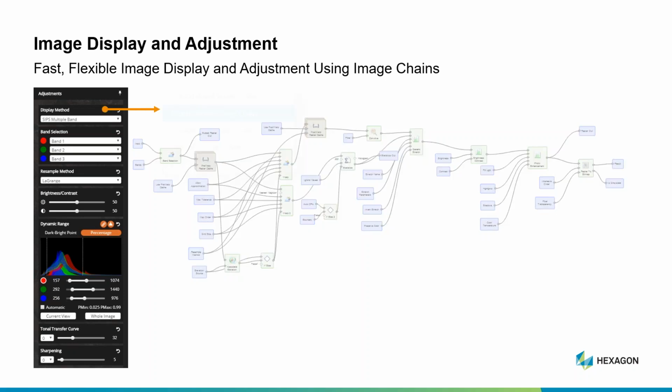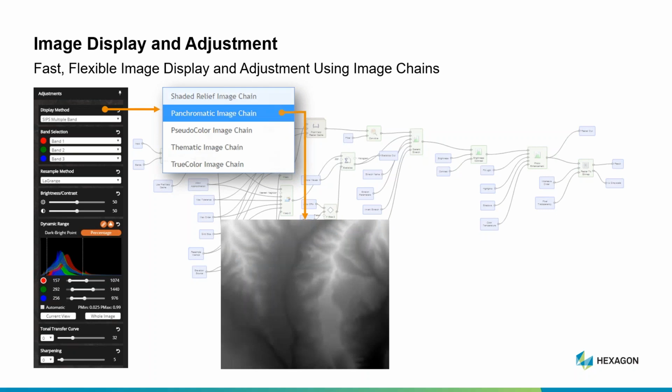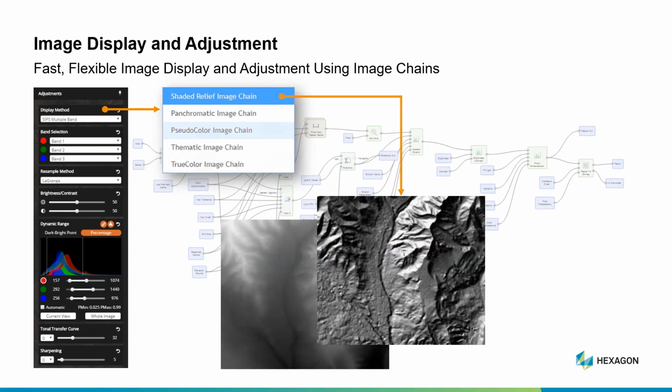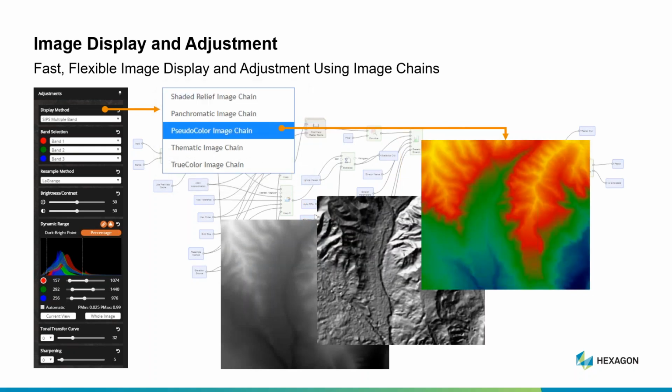So for example, a terrain file, I can choose to display it as a grayscale image, as a shaded relief, or a pseudo color. And for multi-spectral images, I can also play around with the different band combinations to create the color that I need to decipher the information. So the ability to present the same data in different methods can help me in my presentation and information extraction.